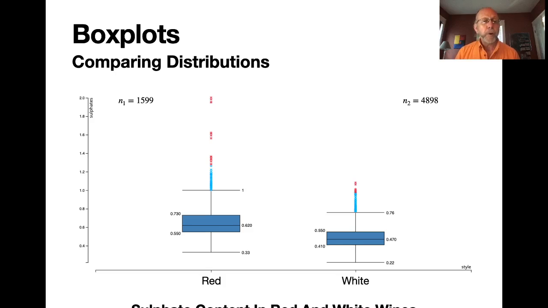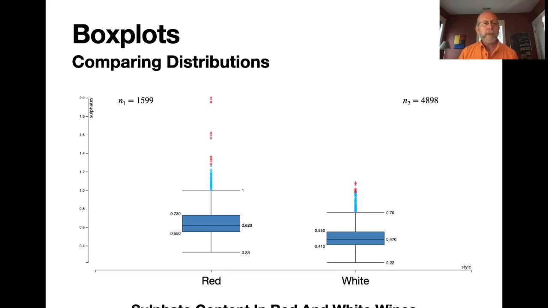You can see that both these distributions have a bit of a right skew, but the red distribution has a pronounced right skew. You see that with the outliers called out above the upper whisker in the box. Some of those outliers are painted red by the software just to indicate that they're sort of extreme outliers. There are outliers and extreme outliers in the white distribution as well, but much less so.